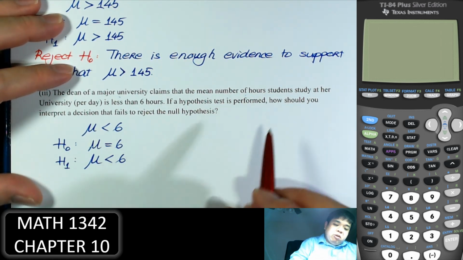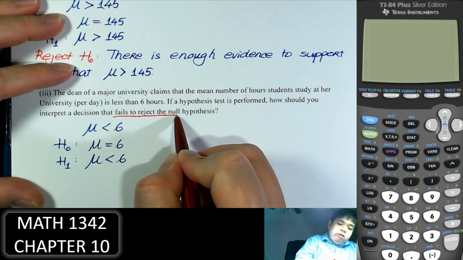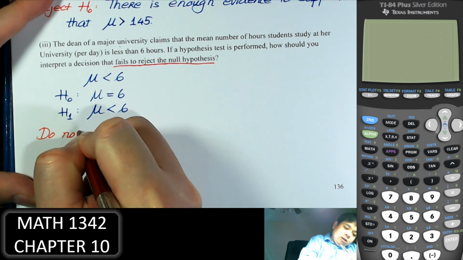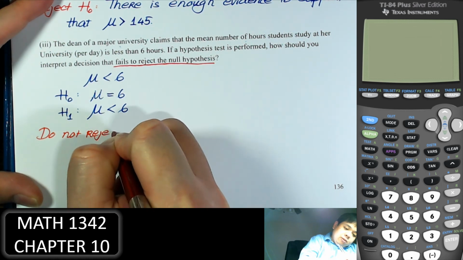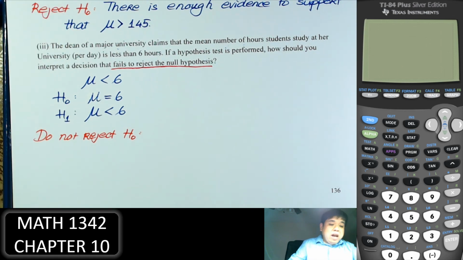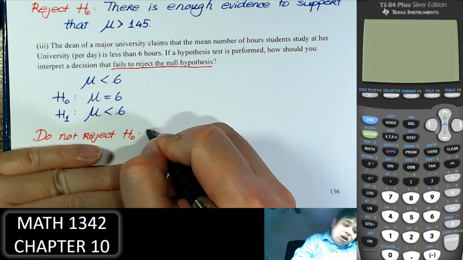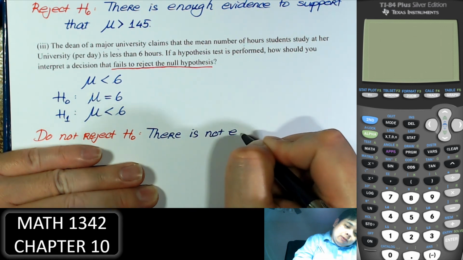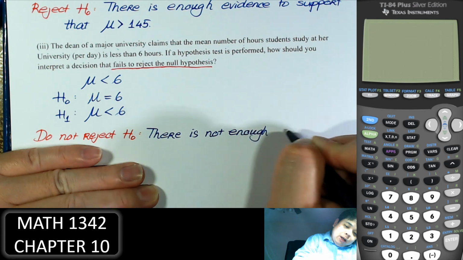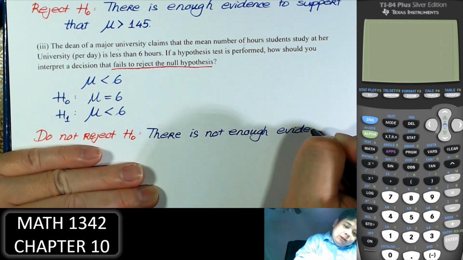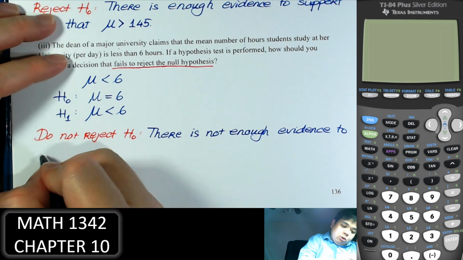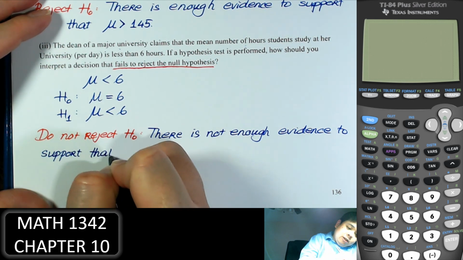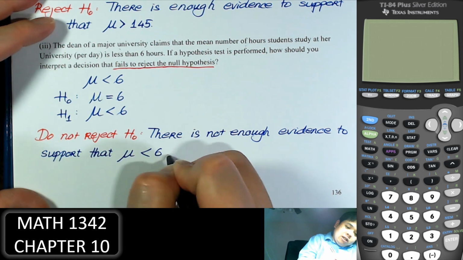If the hypothesis test is performed, write the decision that fails to reject the null hypothesis, or we say do not reject. The language will be as follows. There is not enough evidence to support that the mean is less than 6.